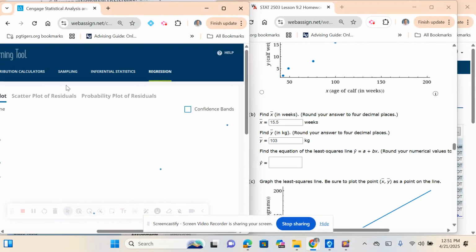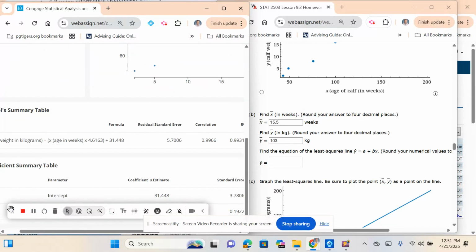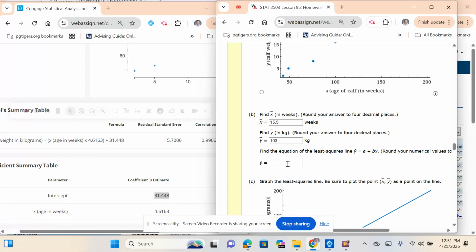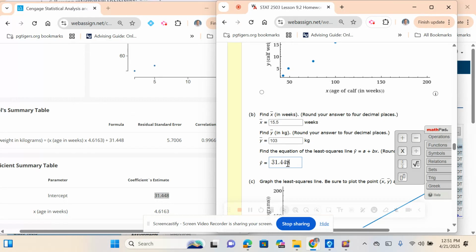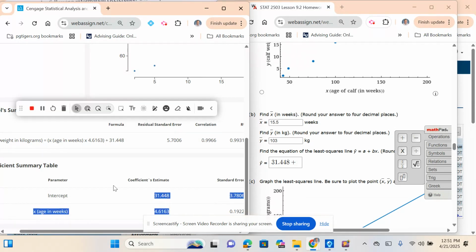I'm going to look down here. And so I've got these two coefficients down here. I'm going to start with the coefficient of the intercept. So I'm going to copy this. And I'll put plus. And this is the coefficient of the X. So I'm going to do this. Watch out here.